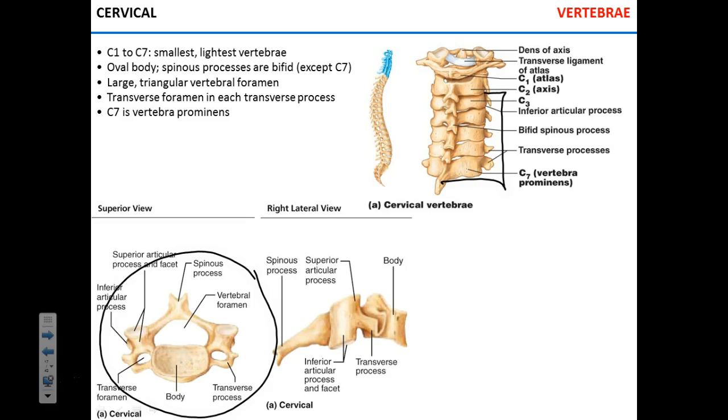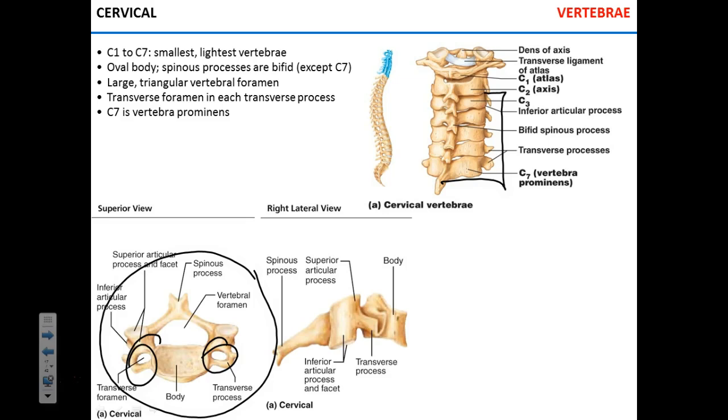Second, transverse foramen. Which cranial nerve goes through the transverse foramen here? Starts with A. The accessory nerve.